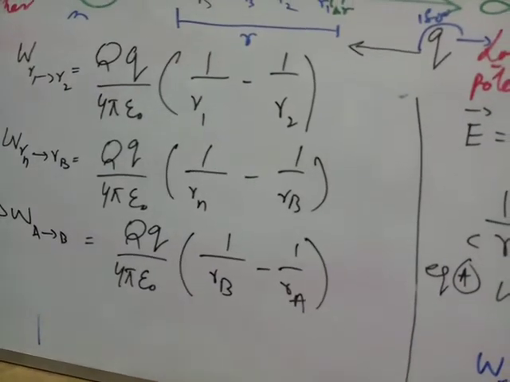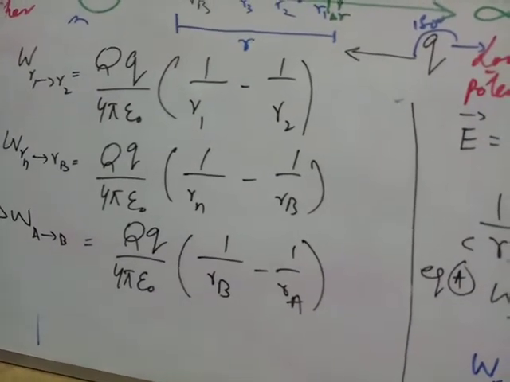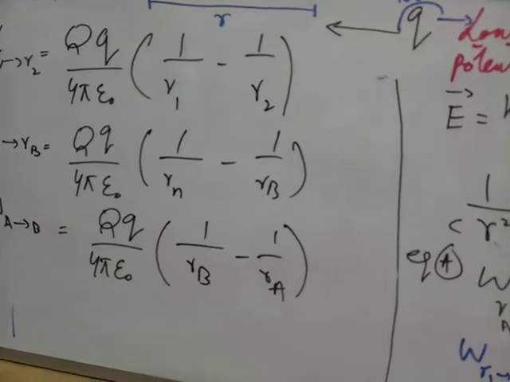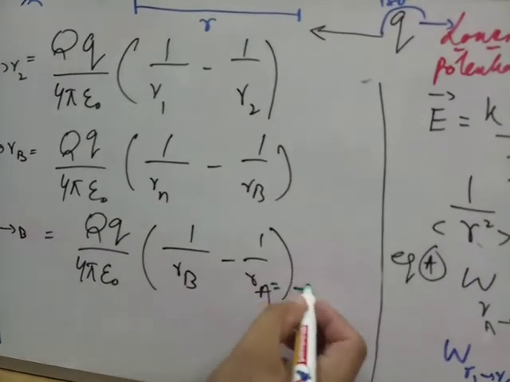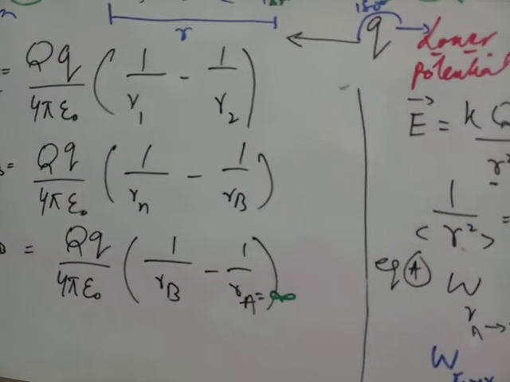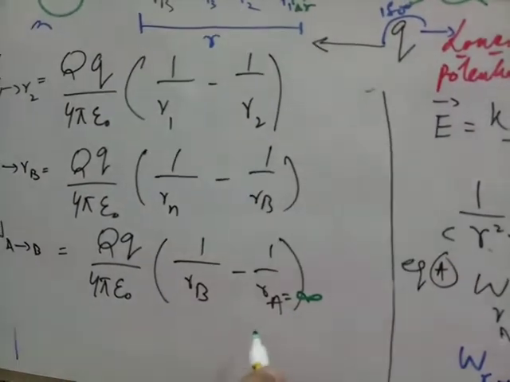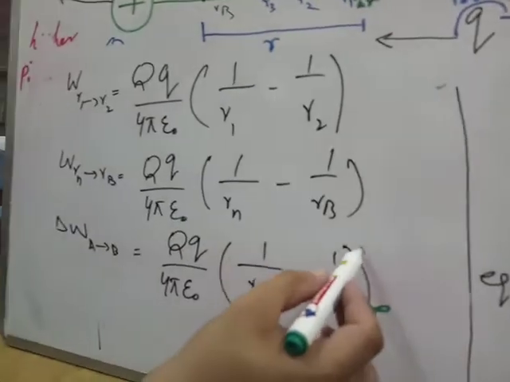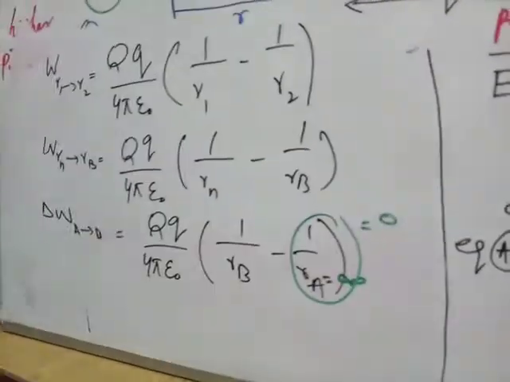If we say that RA is at infinity, 1 over infinity becomes equal to 0.